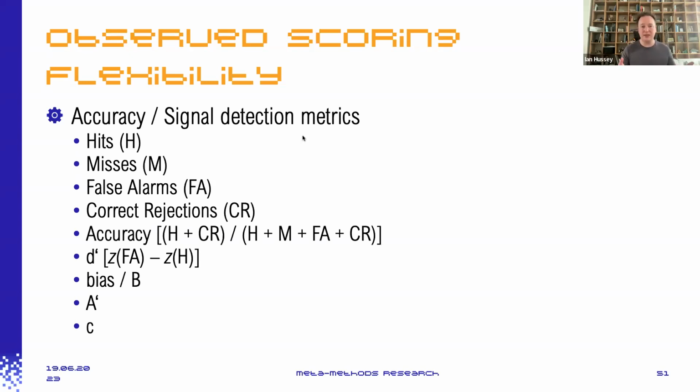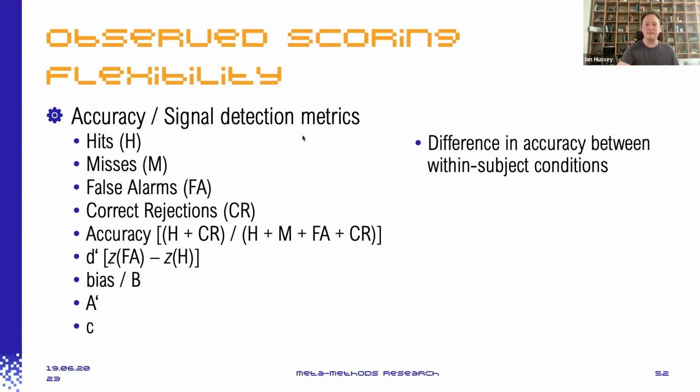So accuracy, which is hits and correct rejections, D prime, bias, A prime, and C. And as with the IGT and in Malta's analyses, once you have one of these metrics being used, you often find that it's being used on different subsets of trials. So differences in, for example, accuracy between within-participant conditions, like two different stimuli types, or other within-subject condition manipulations.